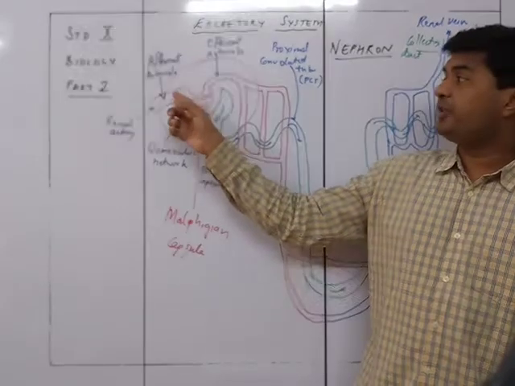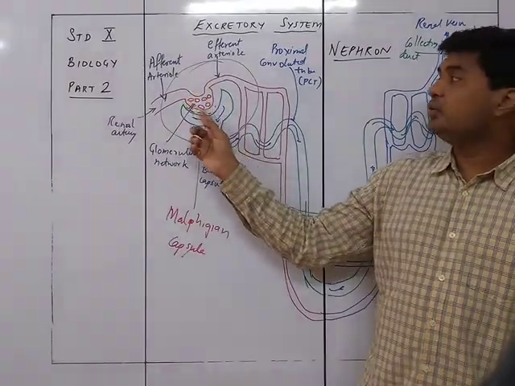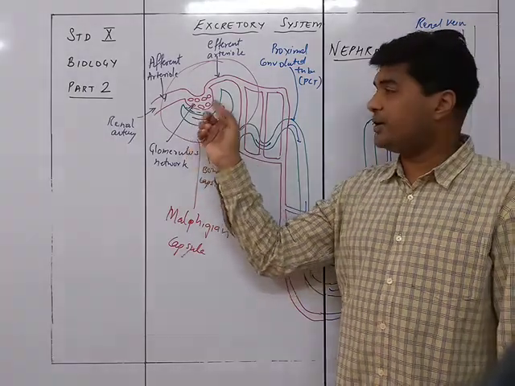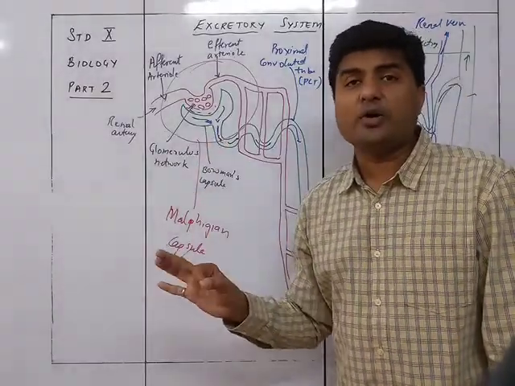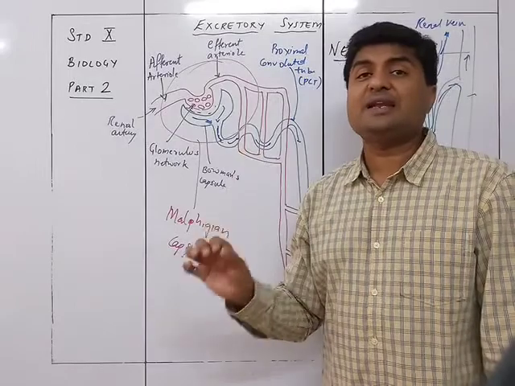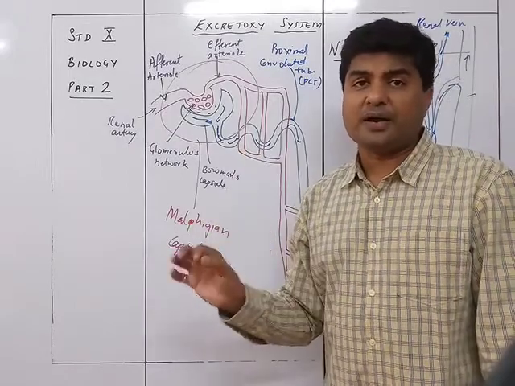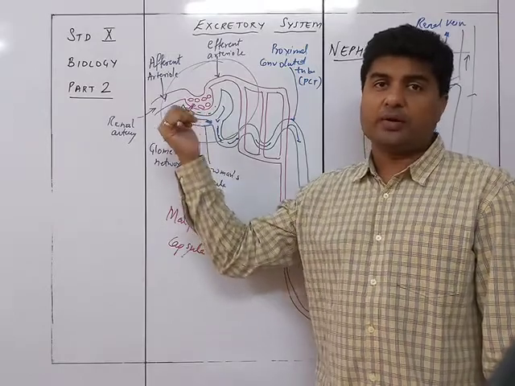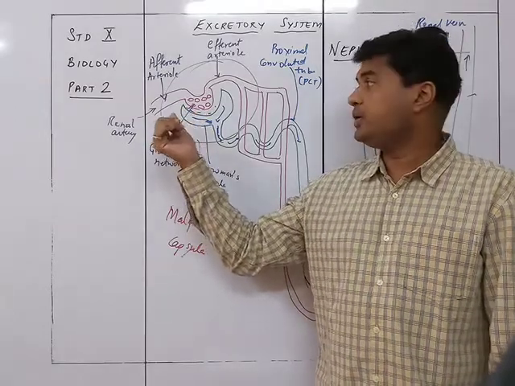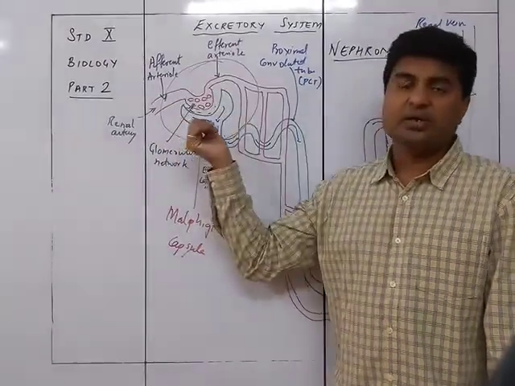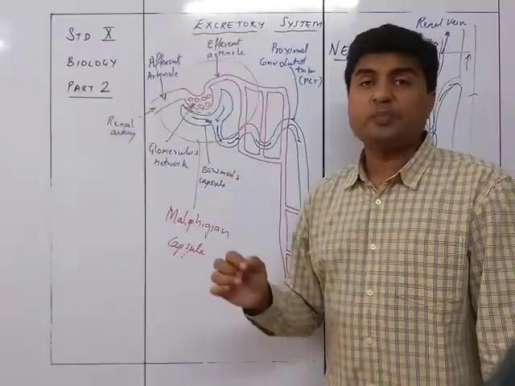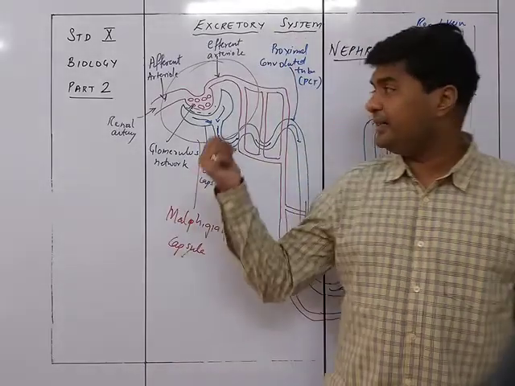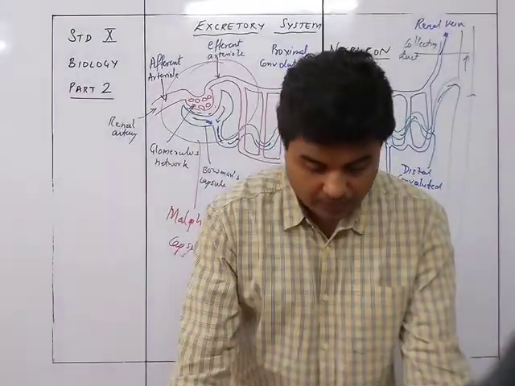Due to the difference in size, a huge amount of hydrostatic pressure is generated over here, and due to this high pressure, the liquid content, that is the plasma content of the blood, is going to be oozed out, given out from this glomerulus as a glomerular filtrate. This process is called ultrafiltration, and the filtrate is collected in the Bowman's capsule.